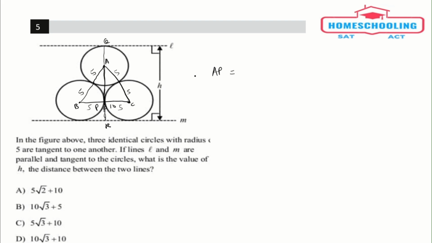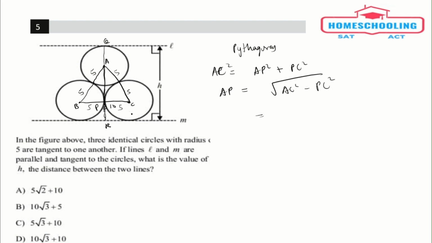So by using Pythagoras theorem, if we take this triangle APC, AC square is equal to AP square plus PC square. So AP square would be AC square minus PC square.